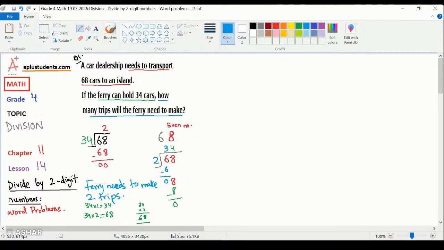Do we agree on this? Because we could have gotten the answer by a smaller digit as well, but we are trying to divide by 2-digit numbers. Therefore we can say the ferry needs to make 2 trips to deliver all 68 cars.